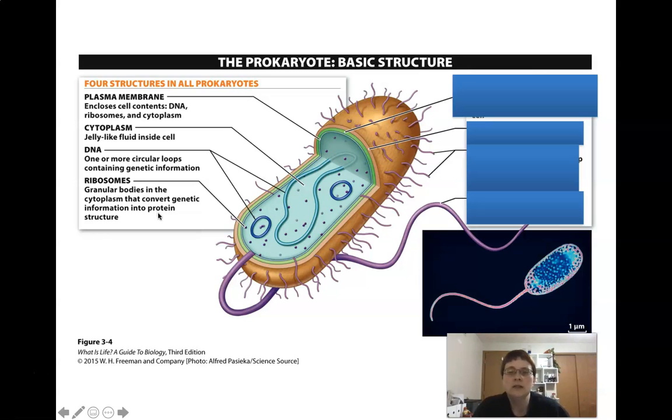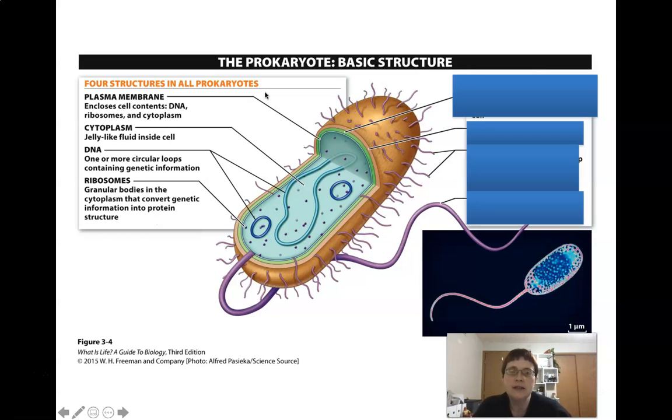These are little structures that work to take the information from the DNA and turn it into proteins. So you saw these again with the information from the nucleic acids. In the section where they were talking about RNA, you saw the ribosomes. These are the little factories that make the protein. So those are the structures that are found in all prokaryotes.